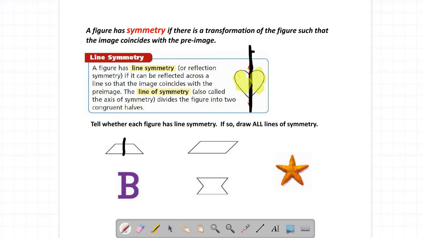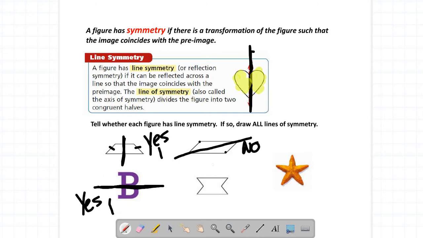Just one line, assuming that these were equal. This one, there is no line symmetry because if you fold, these corners do not add up. So this was yes, and how many lines? One. This one was a no. This one is a yes, one.